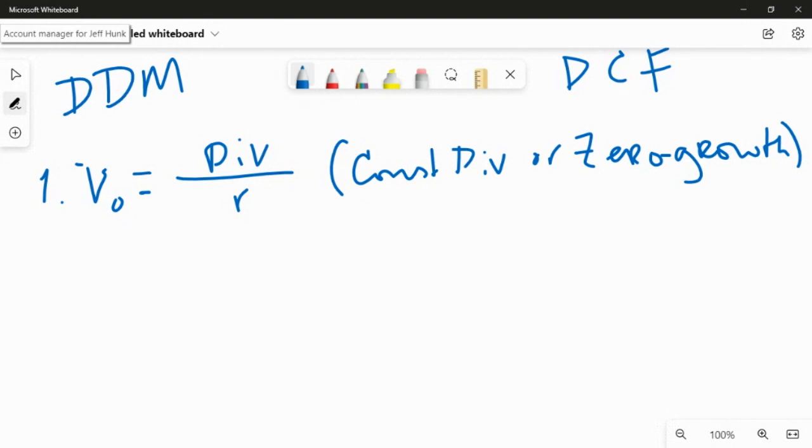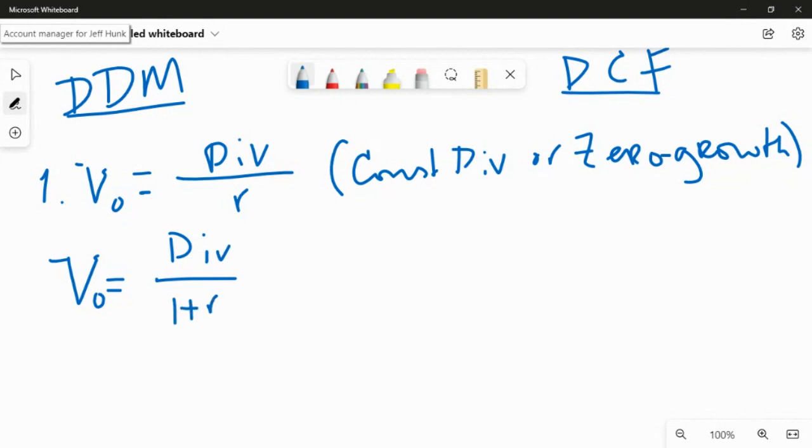We all understand that the concept of the discounted cash flow model or dividend discount model is basically the next period dividend, dividend one, discounted. But because all the dividends are constant, we don't need a time subscript, because the dividend at time 1 is equal to the dividend at time 2, and so forth.